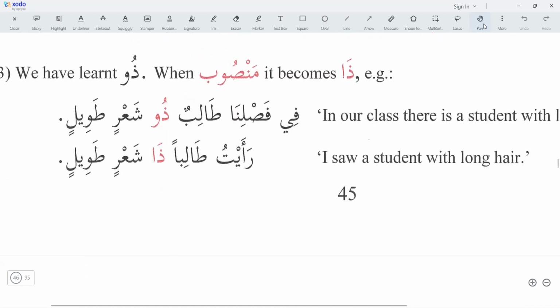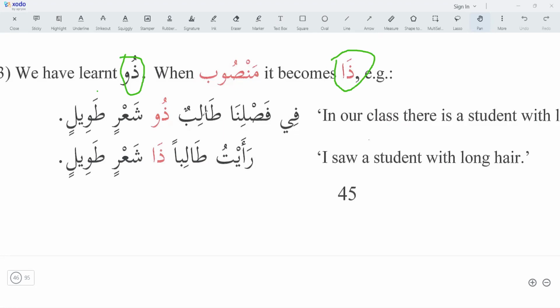We have learned about the zu in the first or second lesson of this book. When zu is mansoob, it becomes za. When it is marfu, in the nominative case, it is zu.